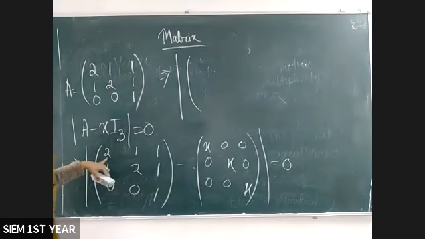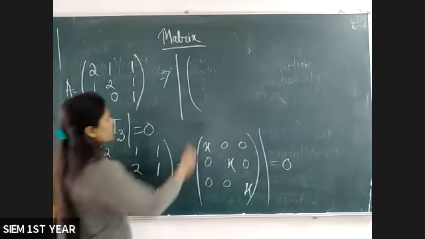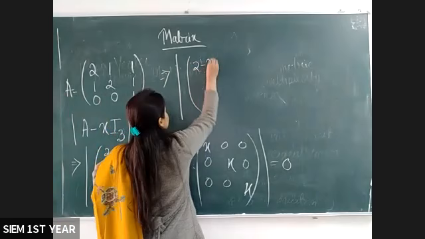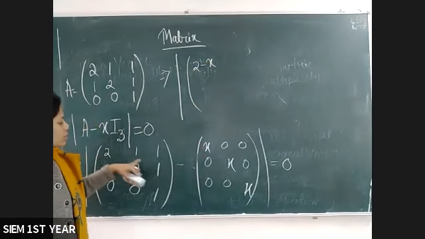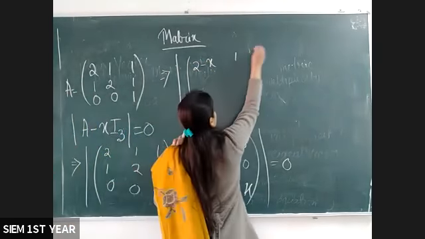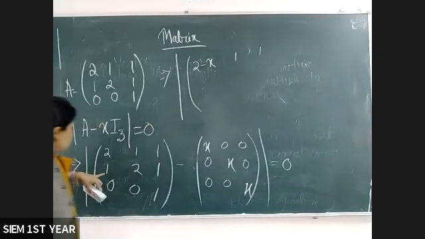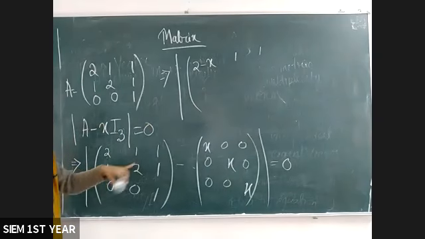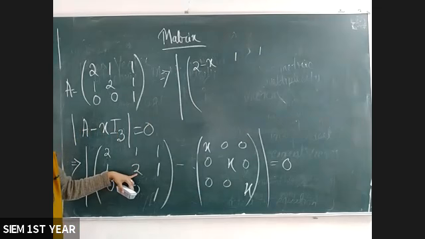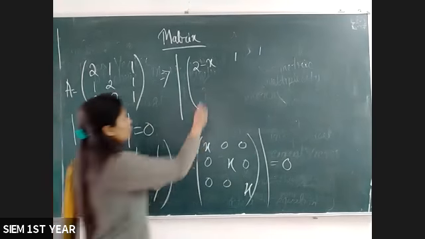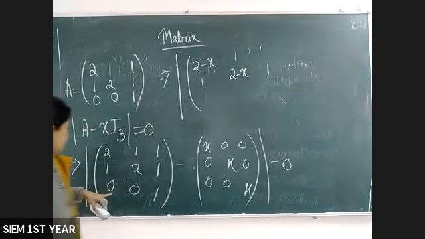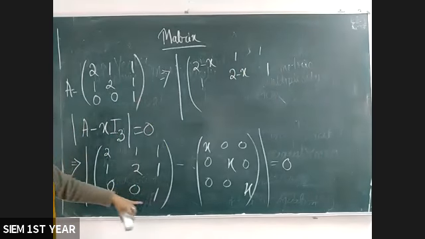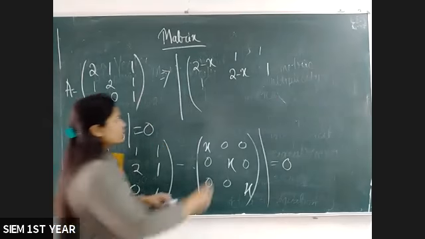So I'm writing the result here. The first term will obviously be 2 minus x. The next two terms will be the same because both are 0, so 1 1. Next one will again be the same, since 1 minus 0, then 2 minus x, 1, and then 1 2 minus x 1. Next, 0 0 1 minus x.